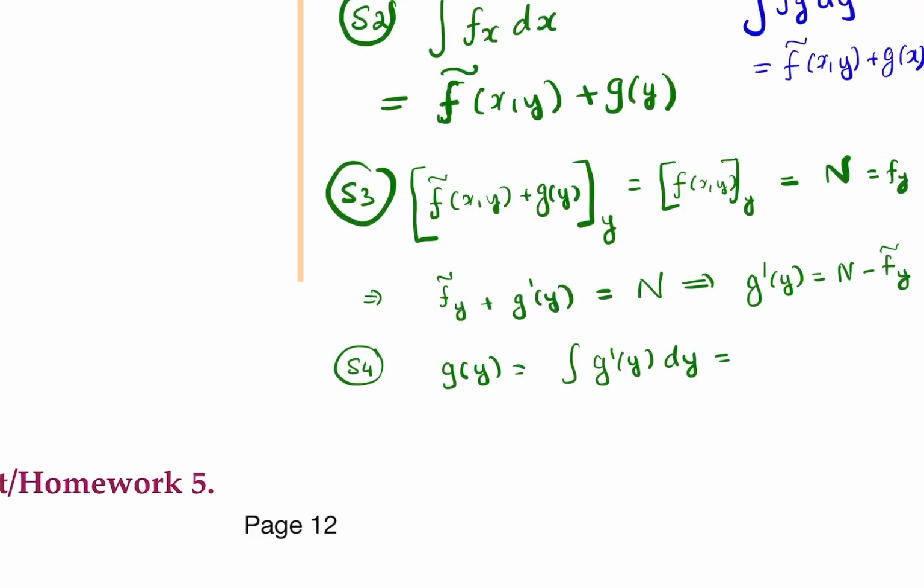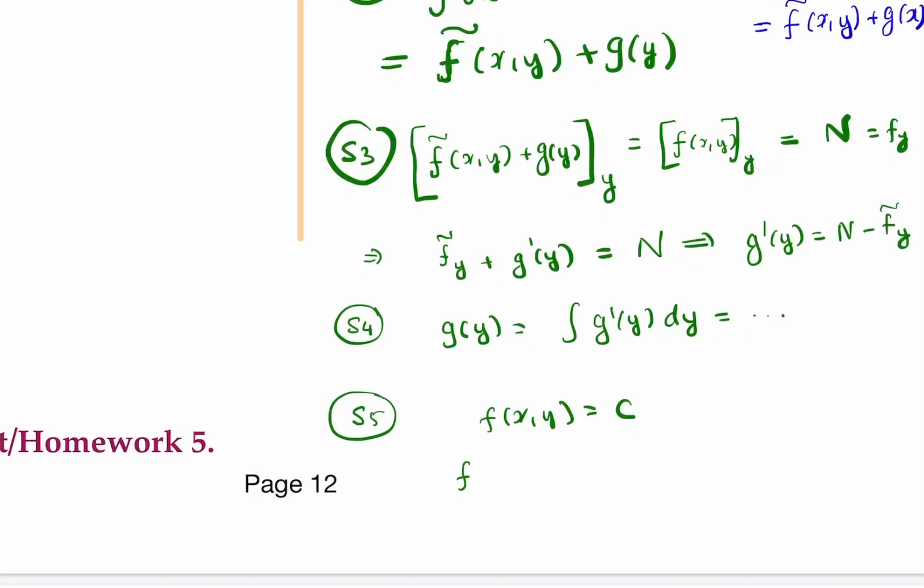Then what do you do? Step 5. Then you write the solution as f of x comma y is equal to c, which, by the way, is your f tilde that you got from the integration of x comma y, plus this new g of y that you just got here.